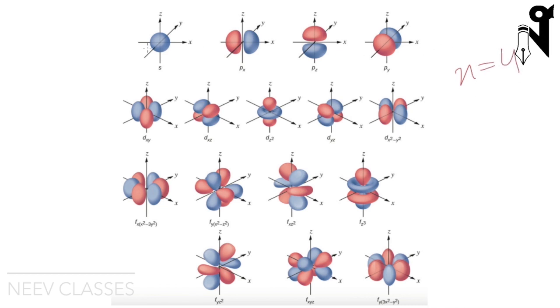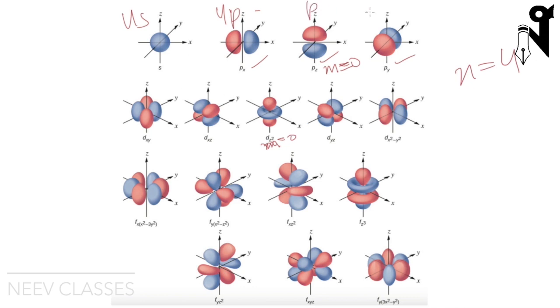What we have got is a 4s, and 4p: there's an x, there's a z, there's a y. Z is necessarily the one when m is equal to 0, we associate it with z.